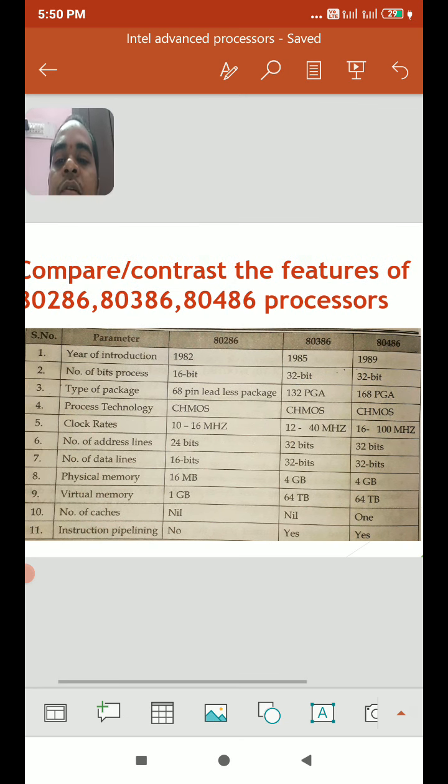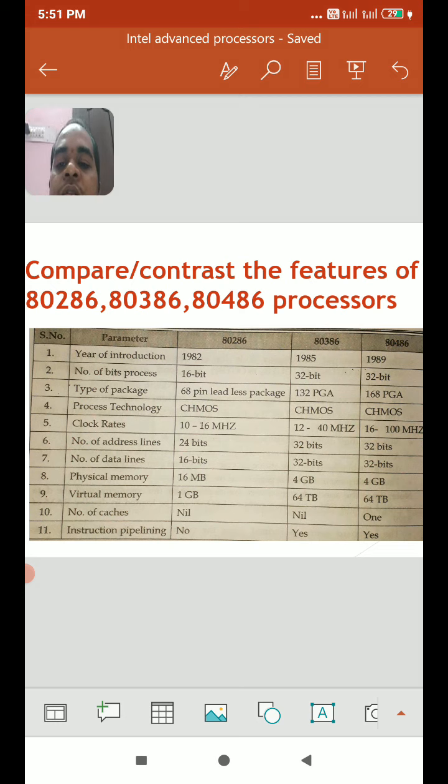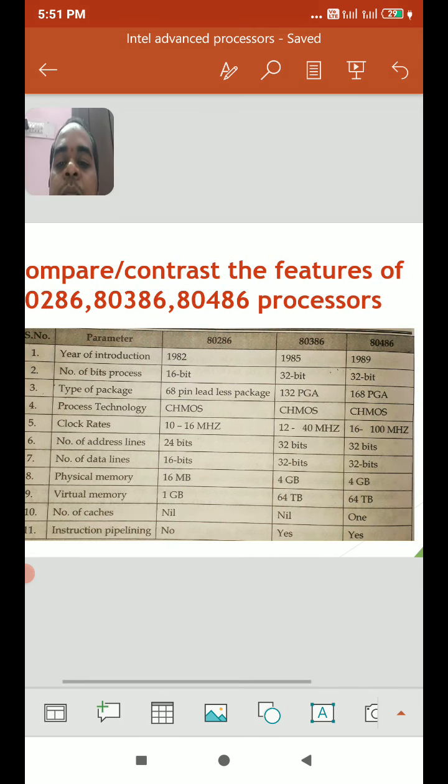Already we know the 8086 microprocessor comes in a dual in-line package, DIP, and it is a 40 pin IC chip. The 80286 is a 68 pin IC chip in a leadless package.